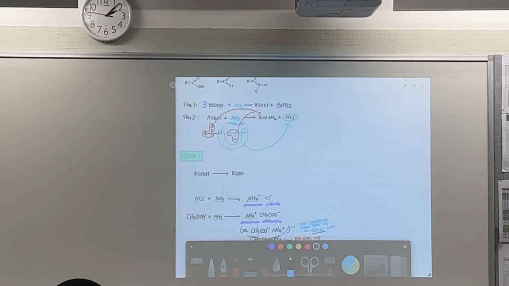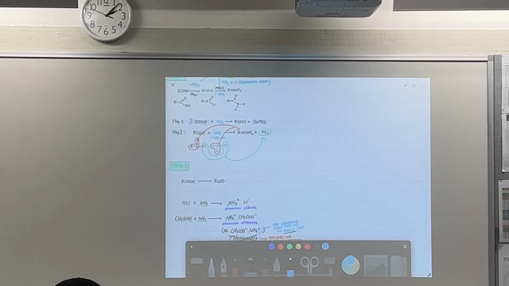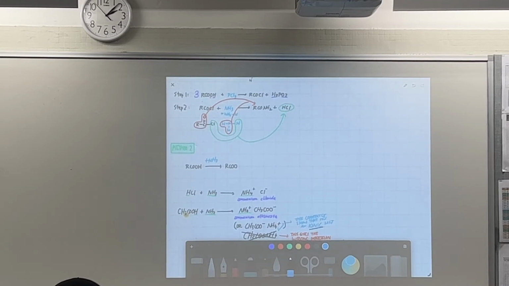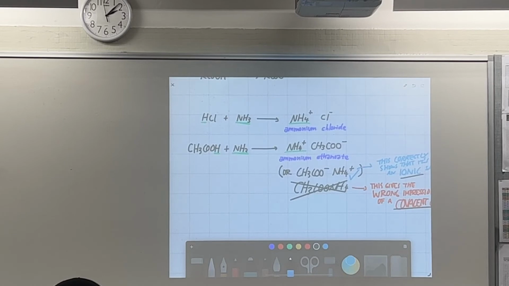Right, back to here. When RCOOH reacts with ammonia, like we saw, this part is the R. So we can now write this general formula. RCOOH plus NH3 gives RCOO minus NH4 plus.